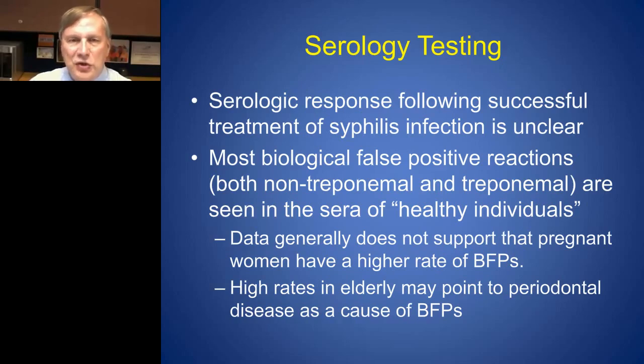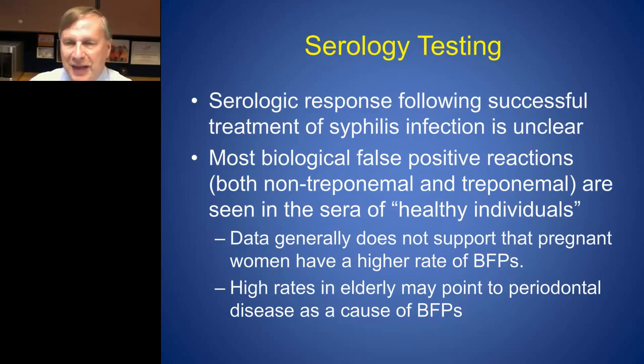So there are a lot of unanswered questions about what really happens with these serological assays, and if individuals are screened in the future, how do we interpret some of that? So there were a lot of questions that were raised. Also, interestingly, most biological false positive reactions with the non-treponemal and treponemal tests were generally seen in the sera of, quote, healthy individuals, at least individuals that appeared healthy.